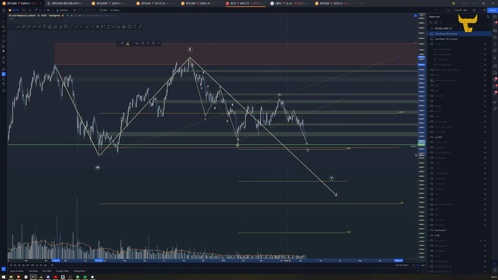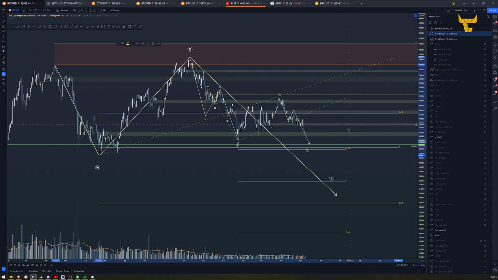And when we reached that low, I said, okay, maybe the 1-1 extension could be a target after this month happened. But at the end of the day, it remained an interesting target. And the same target could be between 1-1 and 161.8.